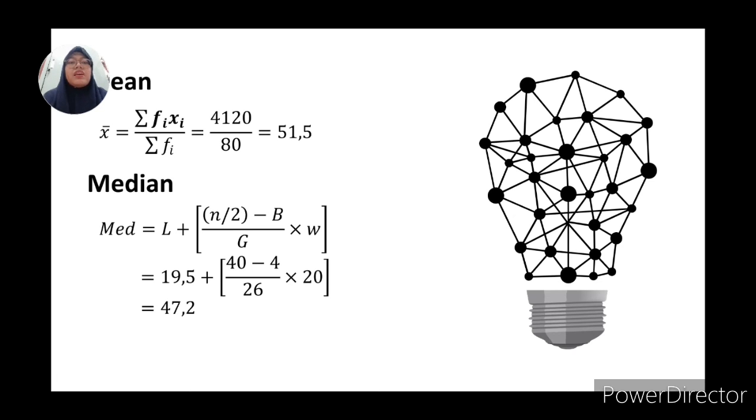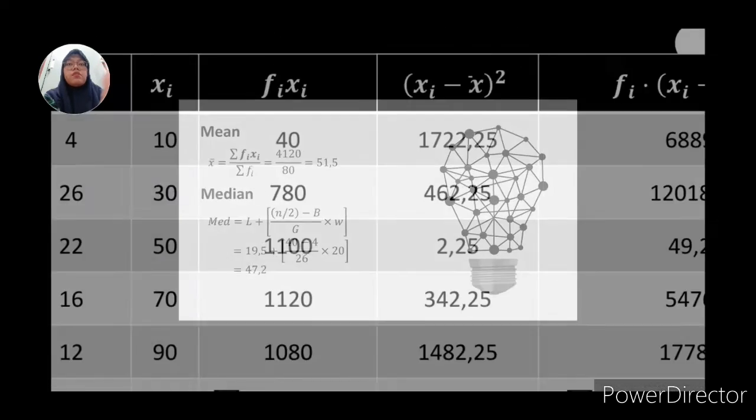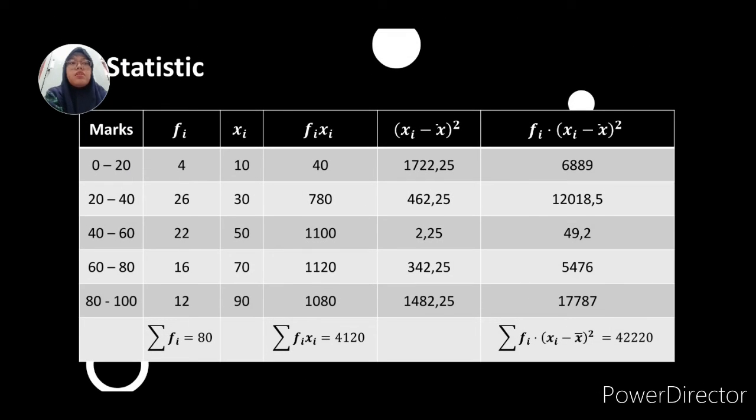Equals 19.5 plus 40 minus 4 over 26 times 20 in the brackets equals 47.2. The median is on the second interval.